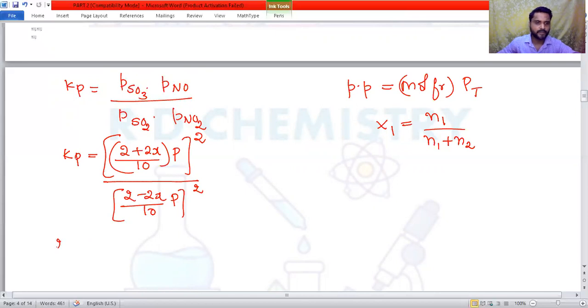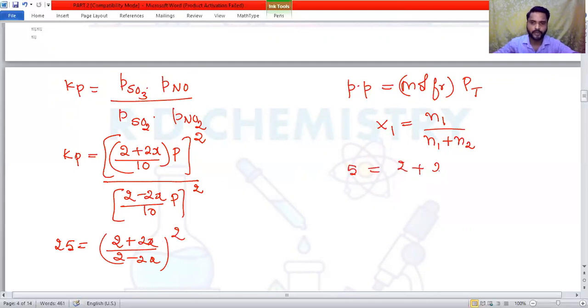So Kp, given as 25, is equal to 2 plus 2x divided by 2 minus 2x whole square. Now we'll simplify. 5 is equal to 2 plus 2x divided by 2 minus 2x. On simplification, x will be equal to 2 divided by 3.